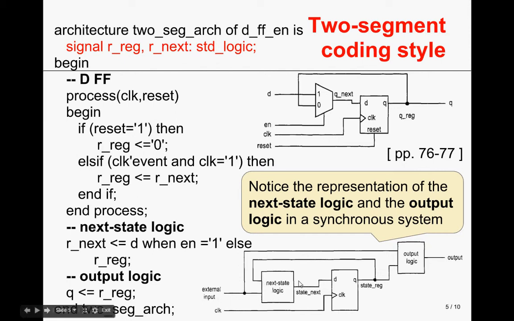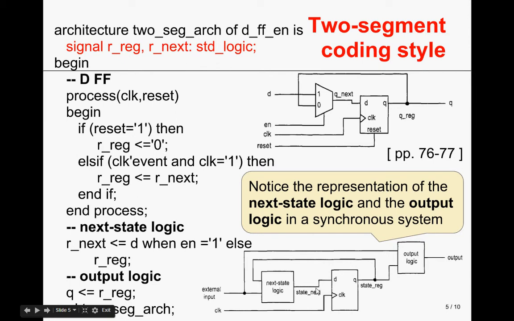So the next state of the circuit will be a function of its current state and of the external inputs. The circuit will also produce a set of outputs to the external world, and they will be a function of the current state, and they may also be a function of the external inputs.